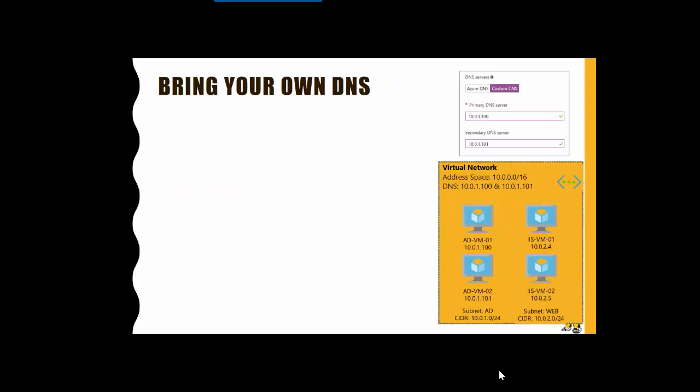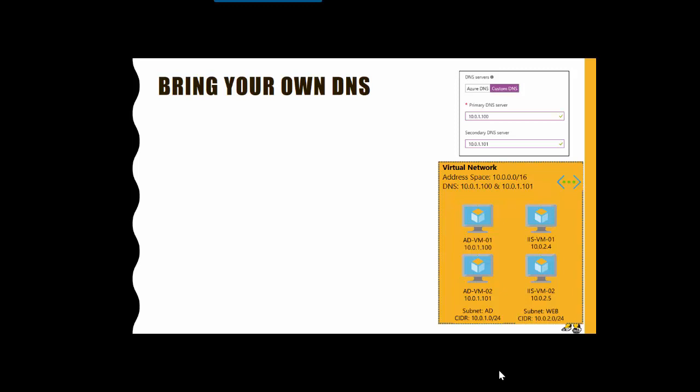Bring your own DNS is fully supported in Azure, which means that by default Azure will provide its own DNS services, but in a typical enterprise-oriented setup where you're really building out this hybrid scenario, most organizations really want to use their own DNS servers, where this could be Windows machines, Linux machines, or even deploying specific DNS appliances in Azure.